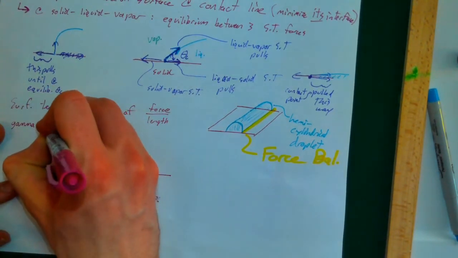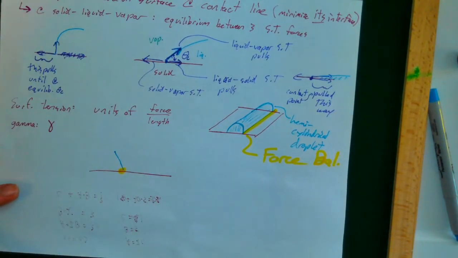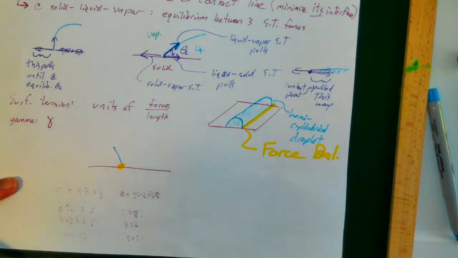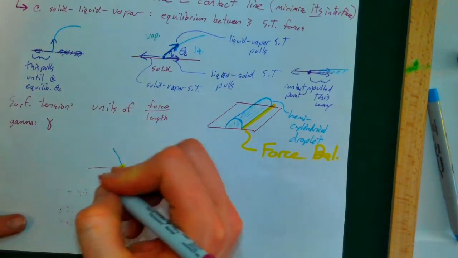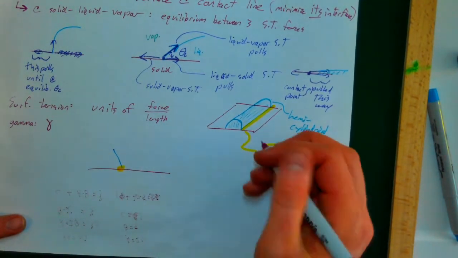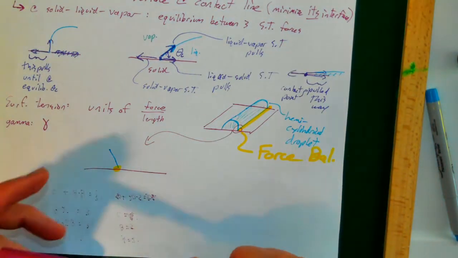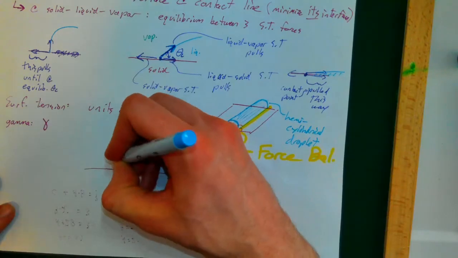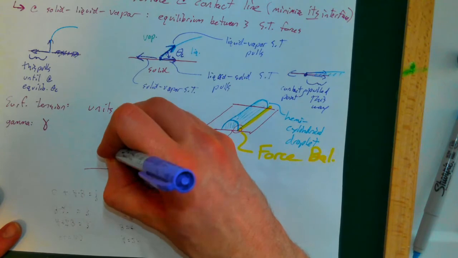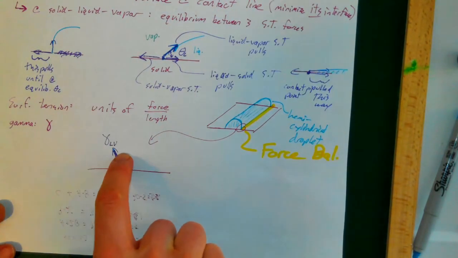And then it's given subscripts, and those subscripts denote what part of the surface tension it is. So for example, if I look at this interface right here, along this line, I would have the liquid vapor surface tension.